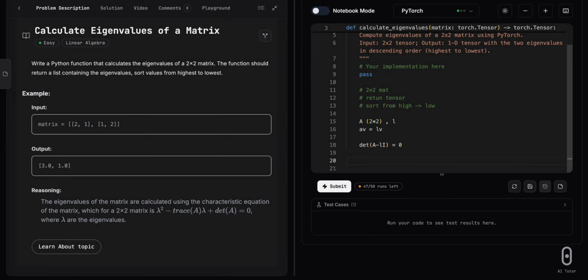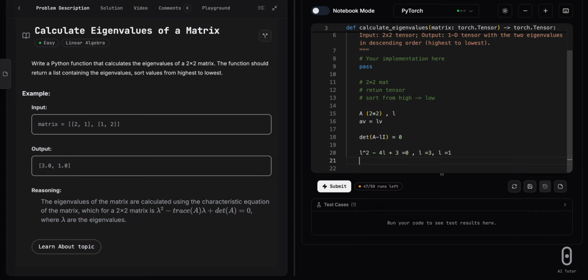So for example, lambda squared minus 4 lambda plus 3, because the eigenvalues are 3 and 1, and the trace is 4, which gives us lambda as 3 and lambda as 1.